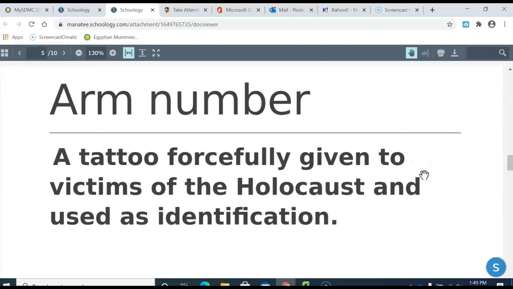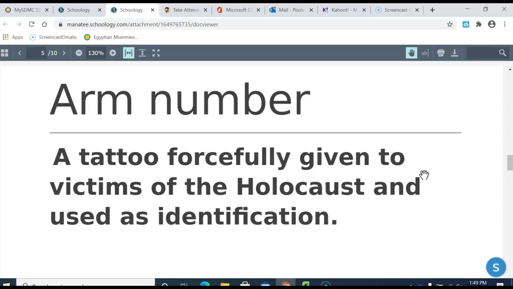The next word is arm number, and this isn't an official term, but this is going to make sense when we watch a documentary, which is a video about a real person, later in the week. You're going to hear this phrase. So we're using the term arm number, and it's a tattoo forcefully given to victims of the Holocaust and used as identification.